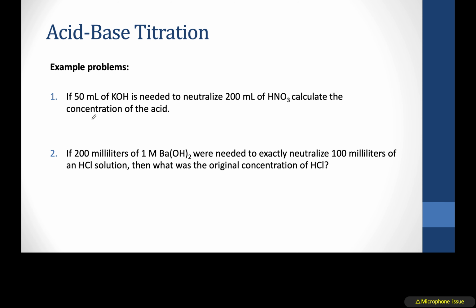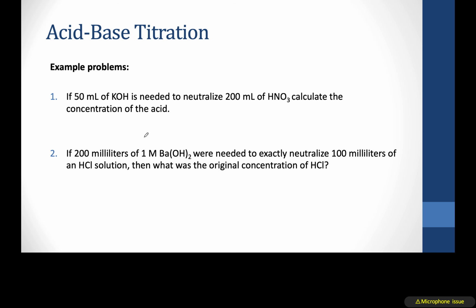So if 50 milliliters of KOH, now what is that, acid or a base? So it has the OH at the end, that's a base, okay? So 50 milliliters of KOH is needed to neutralize 200 milliliters of HNO3. Calculate the concentration of the acid.